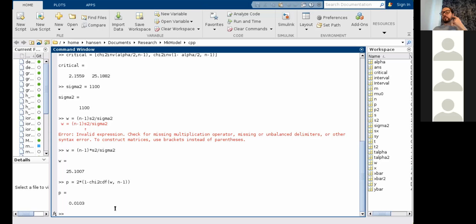Our p-value is 0.01303. So it's very, very close to being significant. But we remember we wanted the threshold at alpha equal 0.01. So we will have to maintain our null hypothesis at significance level alpha of 0.01.